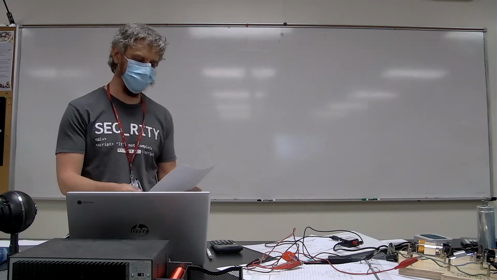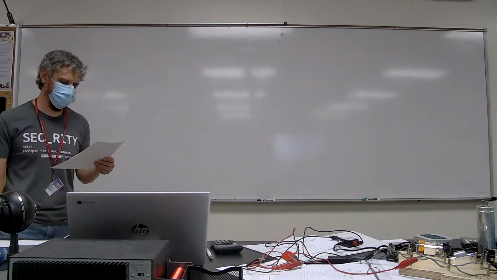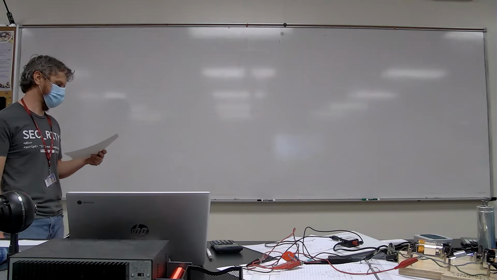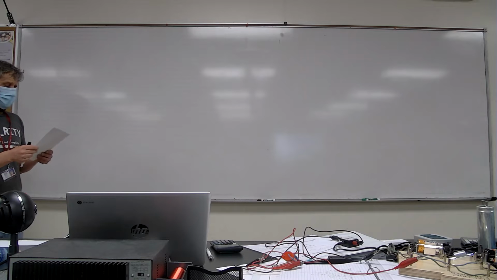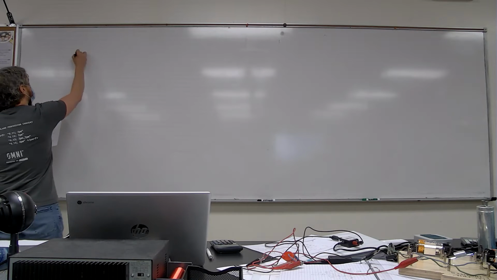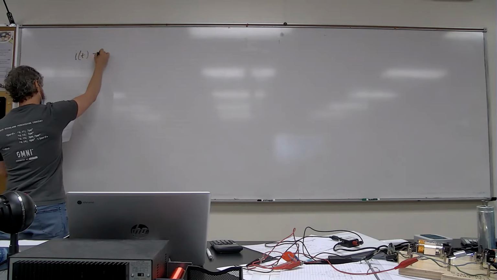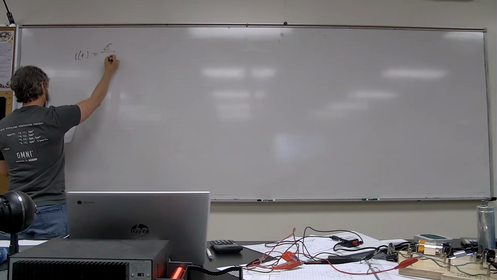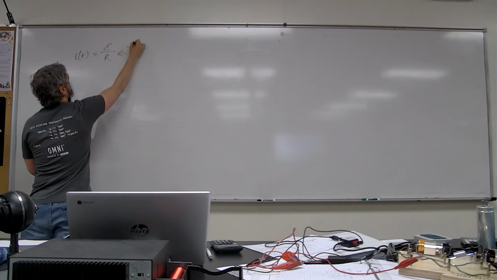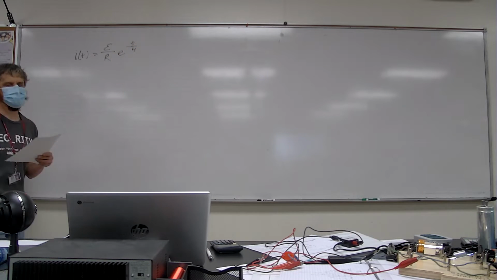And that's what we expect to see. The current as a function of time will be reduced as the capacitor is being charged. A data fitting program finds that the current decays according to the equation I of t equals the initial battery EMF over the resistance of the circuit times e to the negative t over 4.